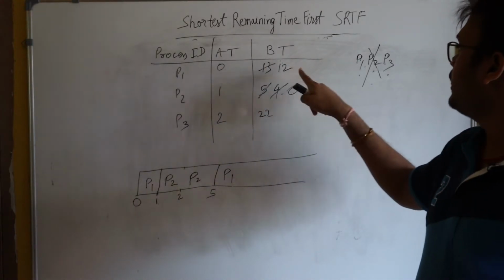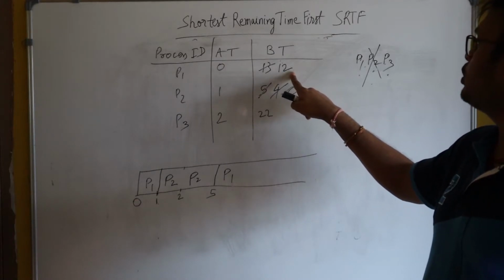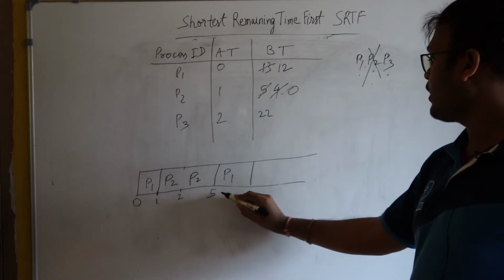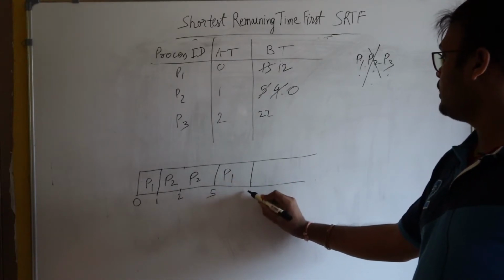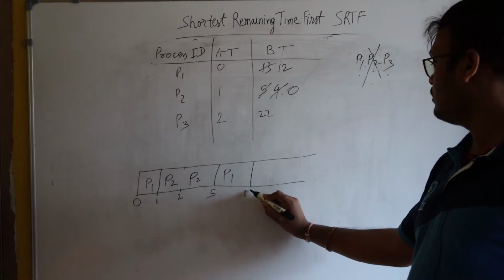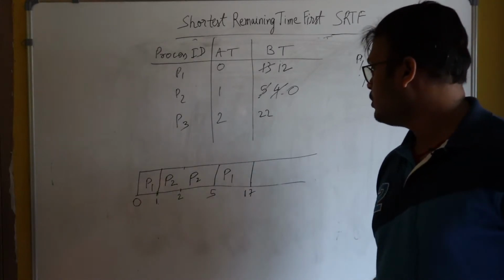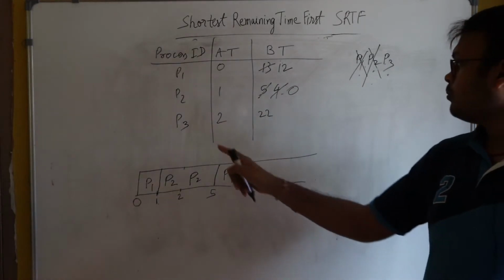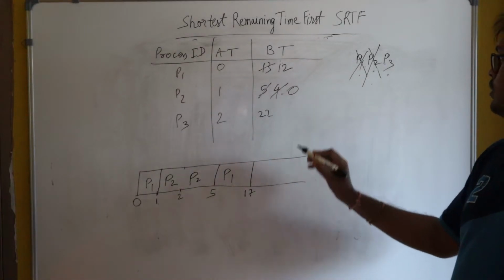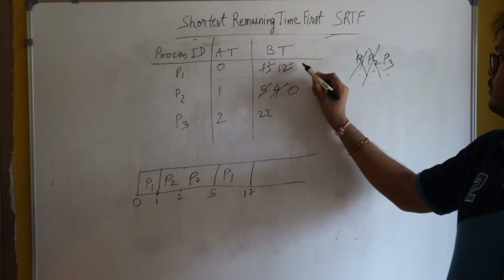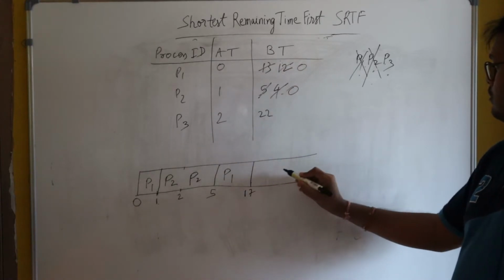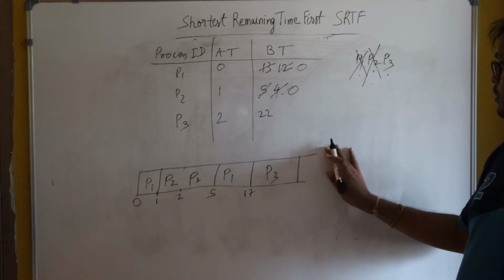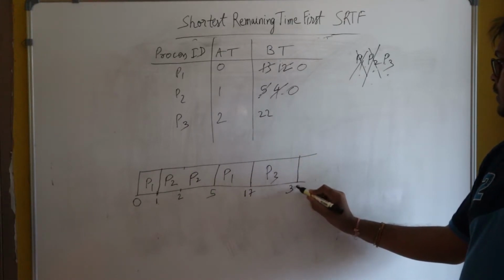P1 will be executed fully for 12 seconds, because 12 seconds were left for P1. So 5 plus 12, 17. Now process P3 is left, so execute P3. P3 has 22 seconds, so 17 plus 22, 39.